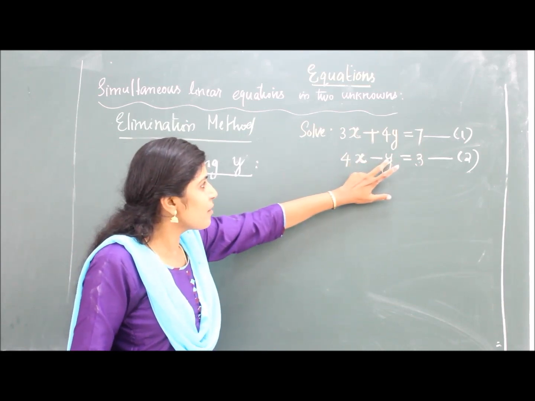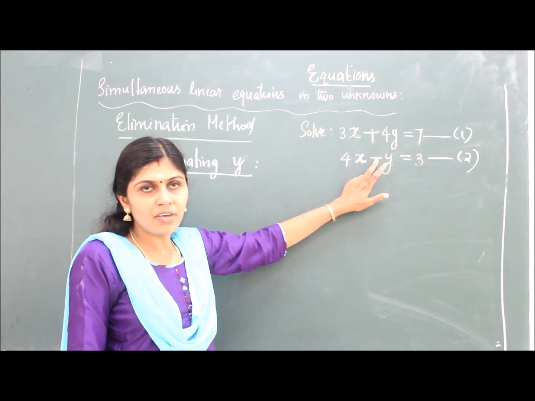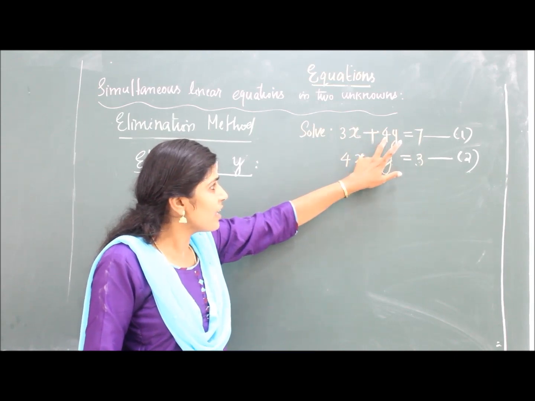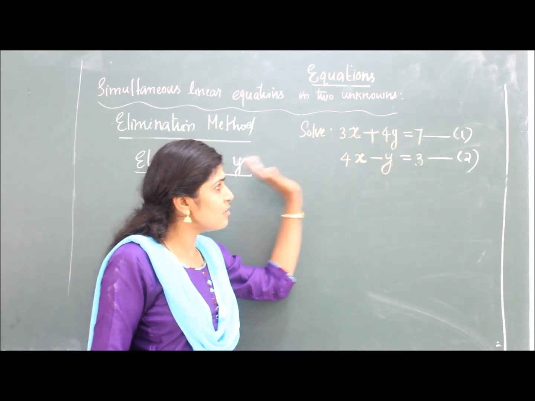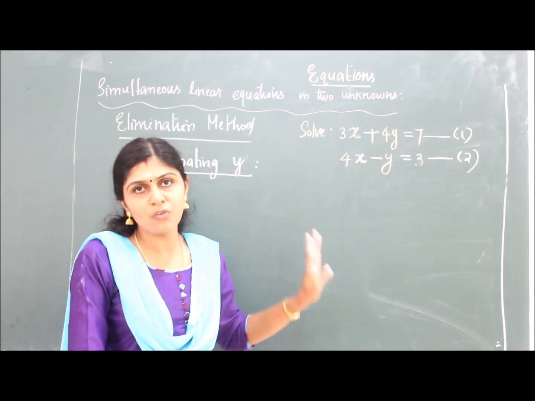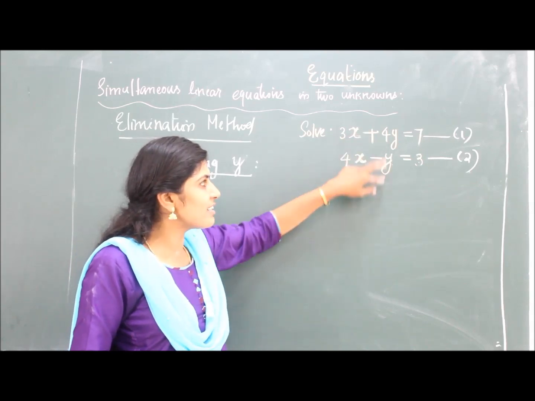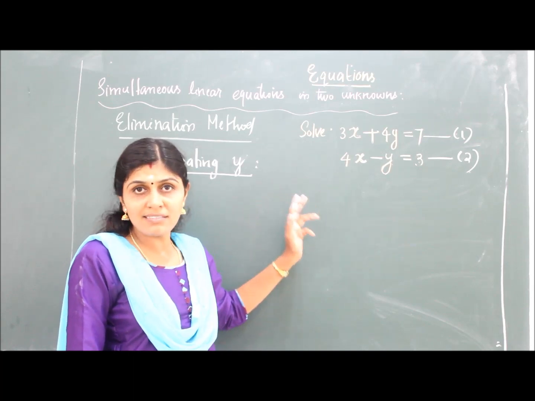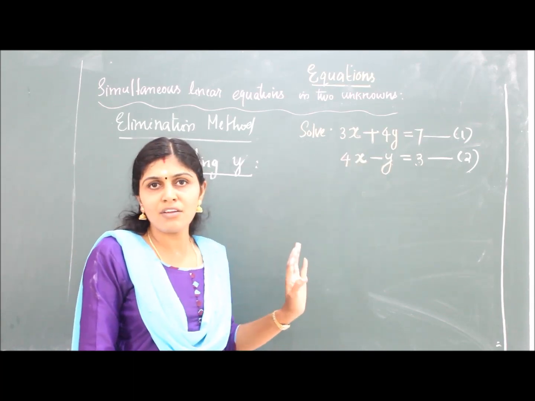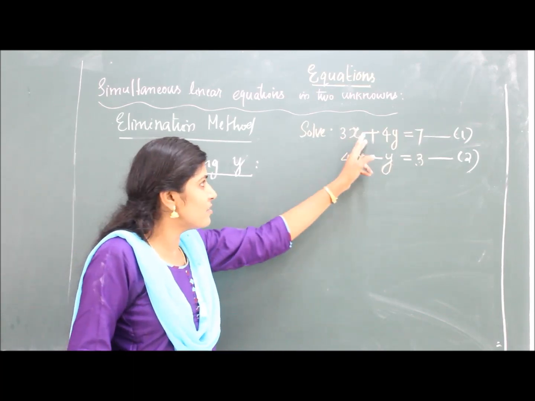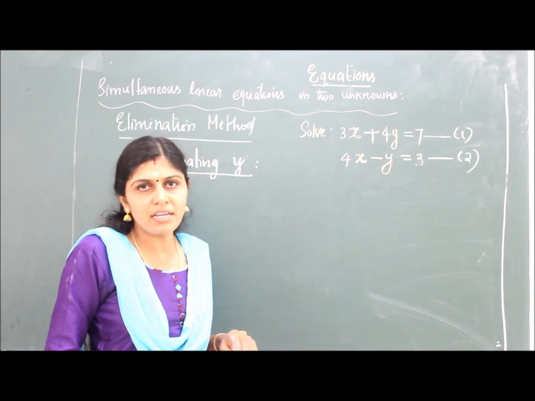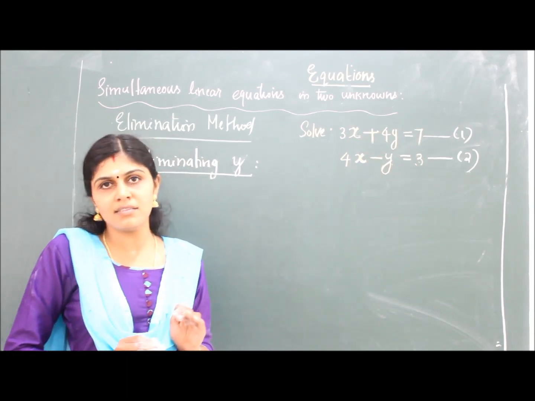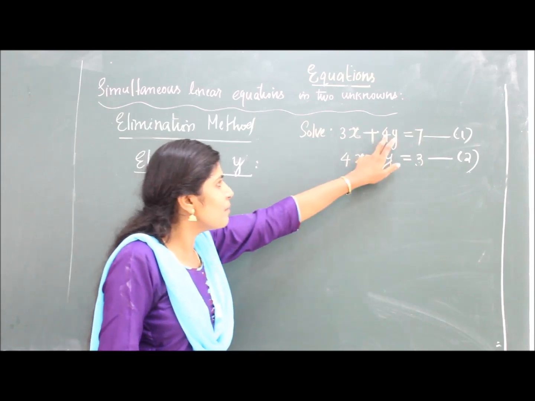Here the term y becomes minus 4y. Okay, so this is actually 4y and this also becomes 4y just by multiplying the second equation with 4. So there is no need to interchange and multiply. If you are making the coefficients the same, neglect the signs. No need to consider the signs, whether it is positive or negative, that is not a matter for us. You just make the numbers the same. Okay, so here the number is 4.